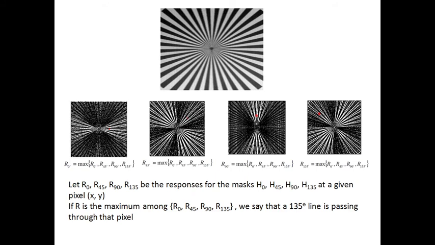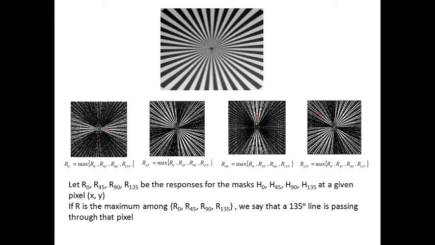Among the resultant images at this corresponding pixel location, whichever has the highest value at this point, I can conclude that particular line is passing through that pixel.